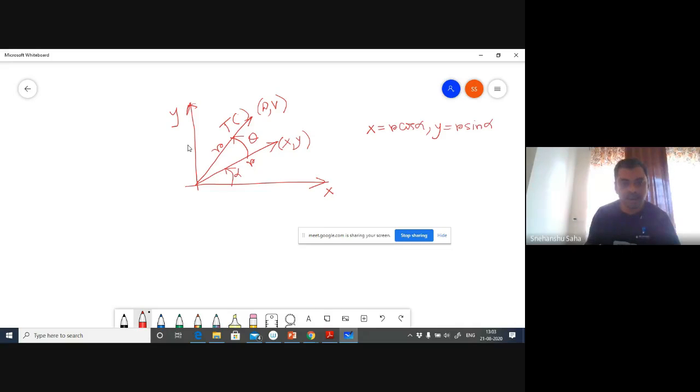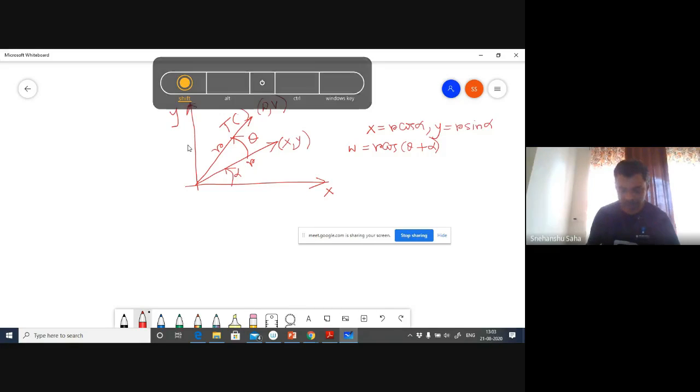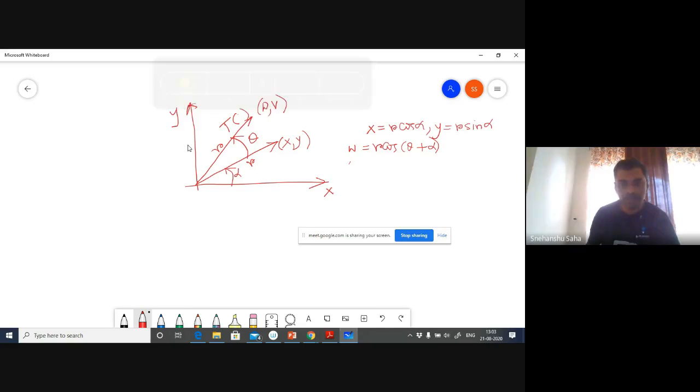What I also see is that w equals r cosine of theta plus alpha, and v equals r sine of theta plus alpha.